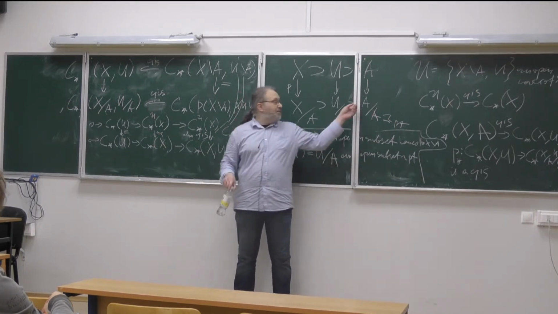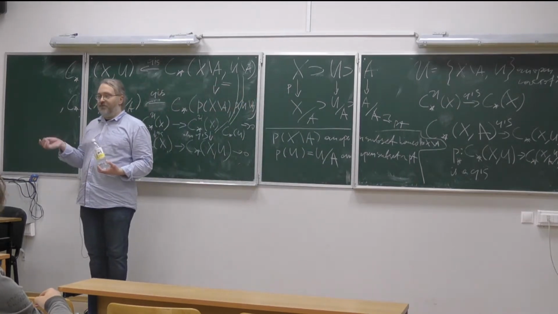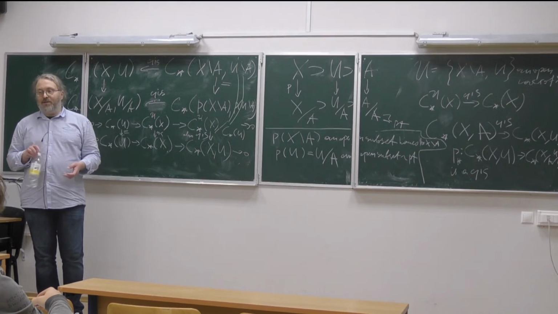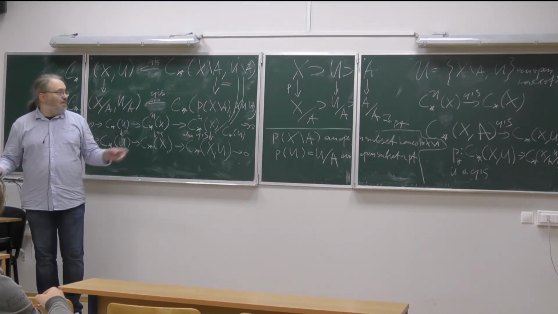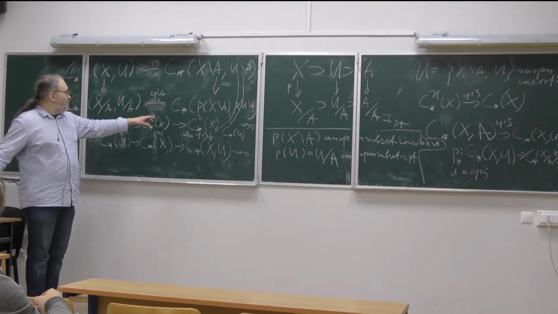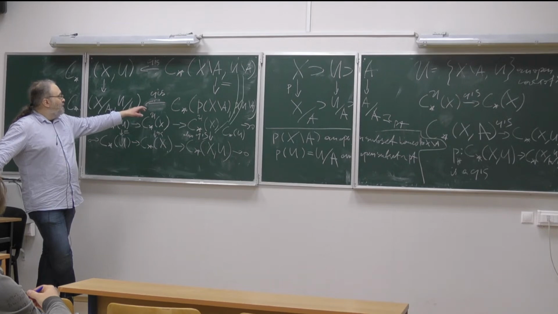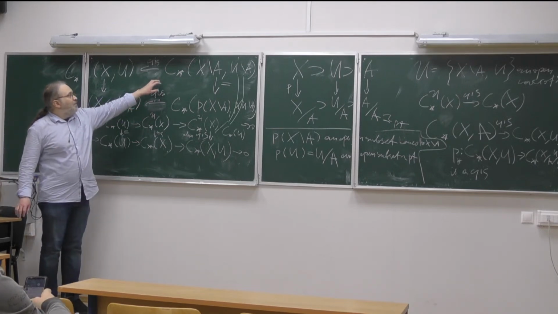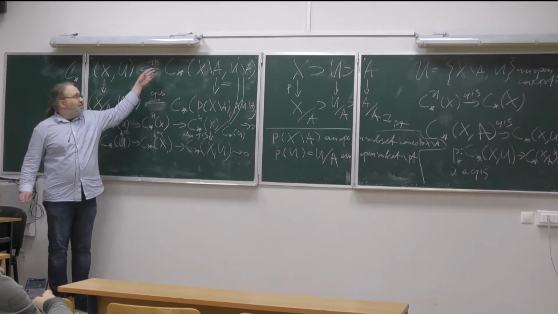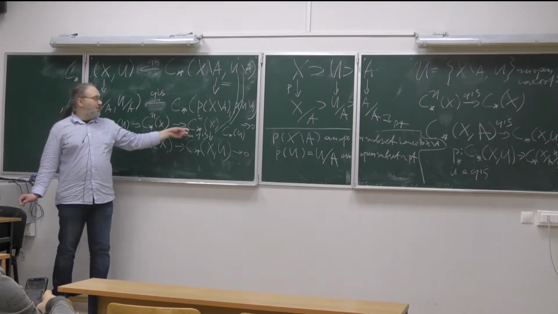And even if A is empty, what's the empty set by the empty set? I think it's still a point. Anyway, so we have this map, and it is a quasi-isomorphism from this diagram.